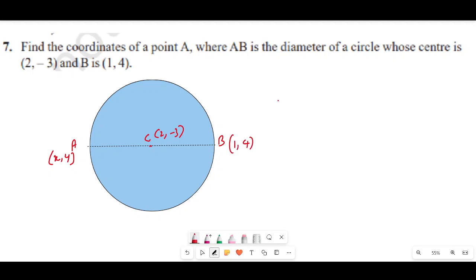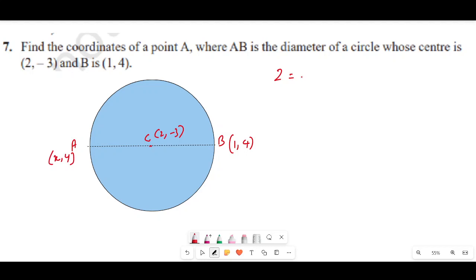Now we know this is the radius and C will be the middle point. If C is the middle point, then the ratio AC to CB will be 1:1. So this is very simple. Then we can find the value.